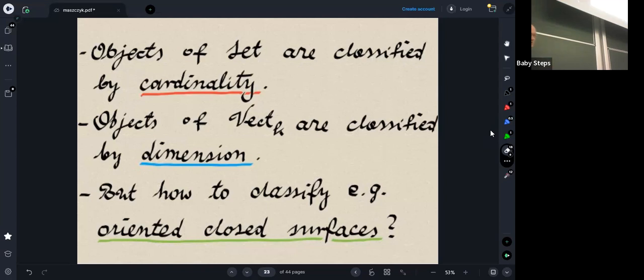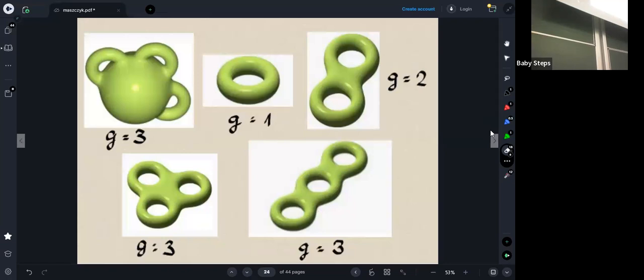For instance, oriented closed surfaces. Intuitively, it's quite easy, because if we look at such a surface, we see that they differ by the number of holes. But sometimes the position of these holes can be different, but these surfaces can be obtained one from another by some continuous deformation.